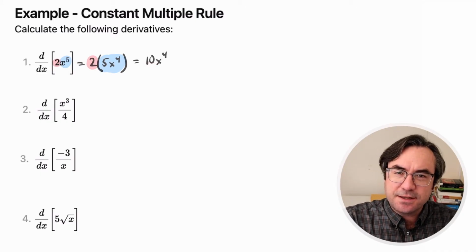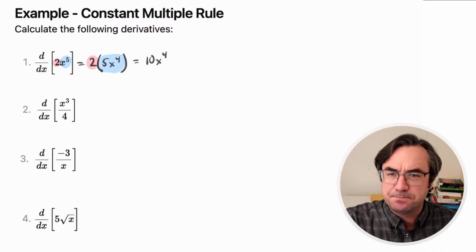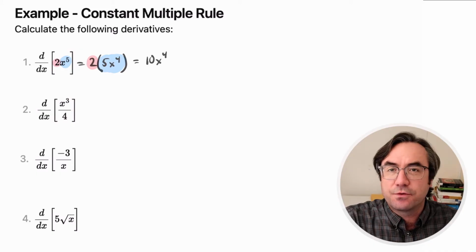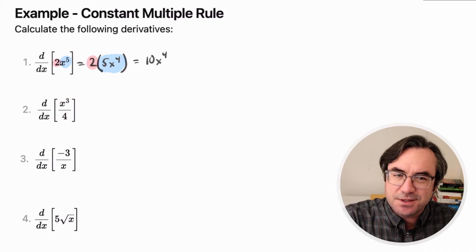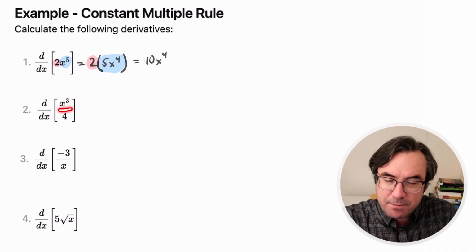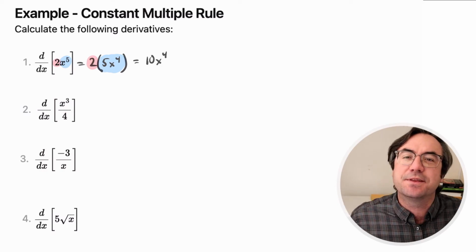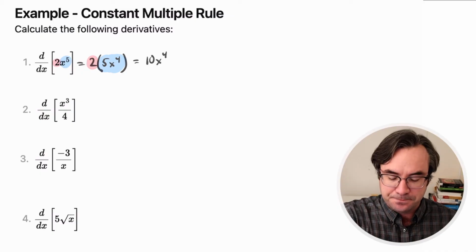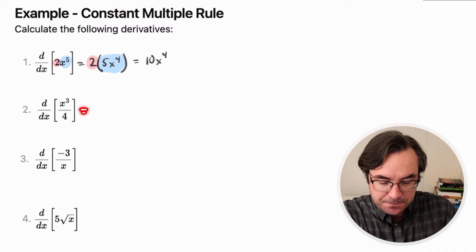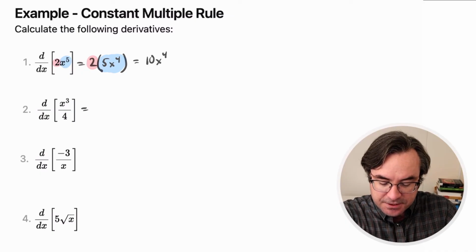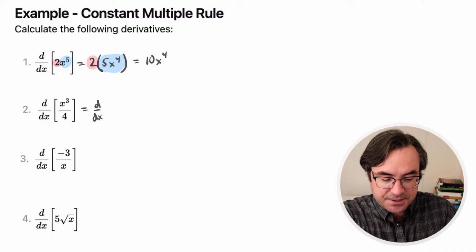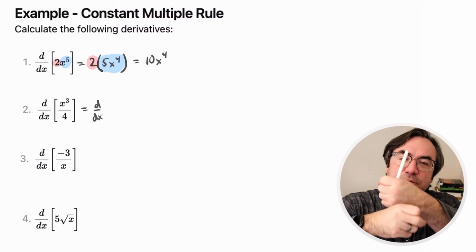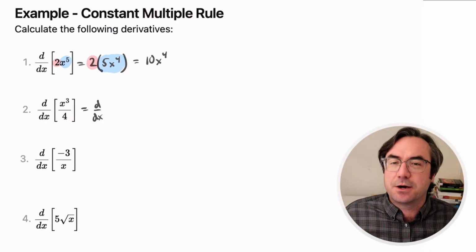All right, let's try one more of these. For the next one, we want to differentiate x cubed over 4. Now this one's a little different. It's not quite multiplication. So we want to rewrite this, get it in a nicer format ready for our derivative. A lot of times with fractions, it's helpful to break a fraction apart.